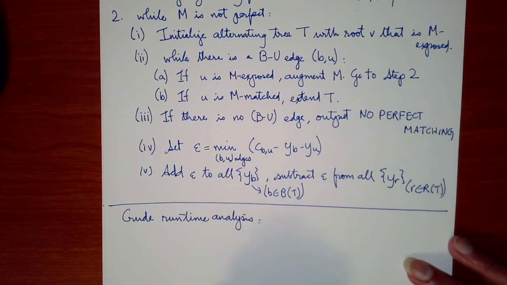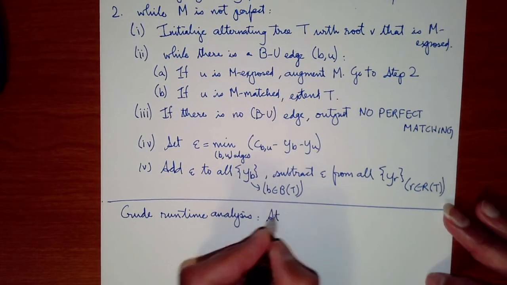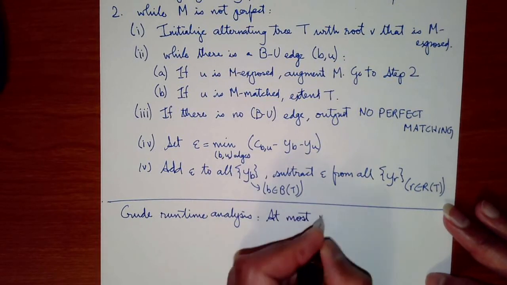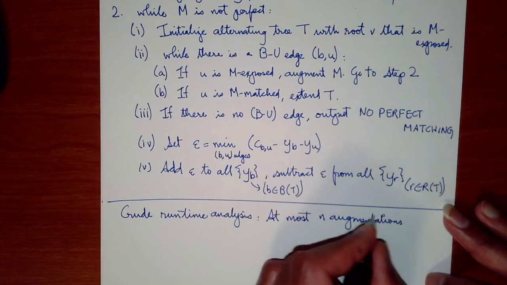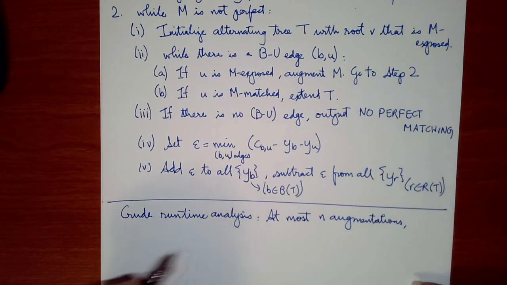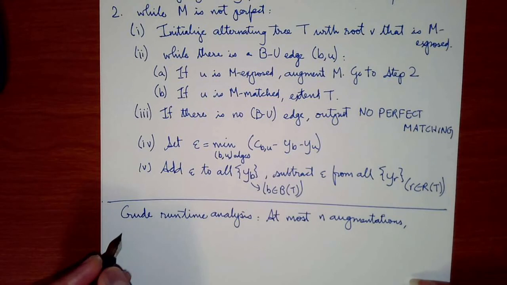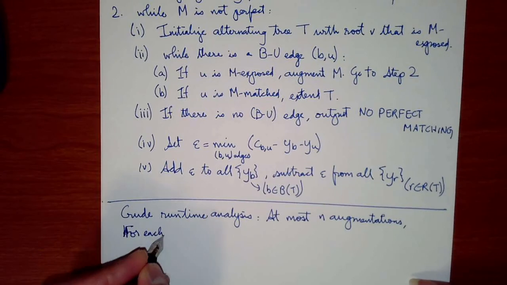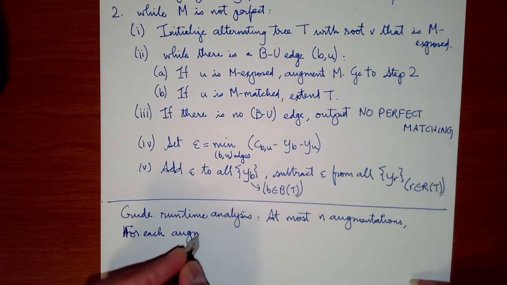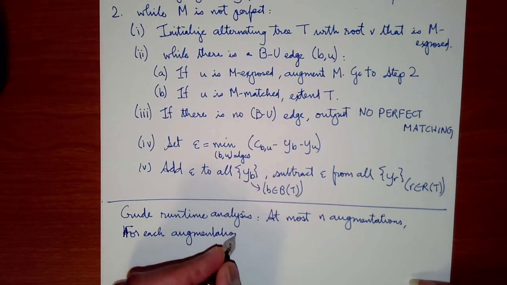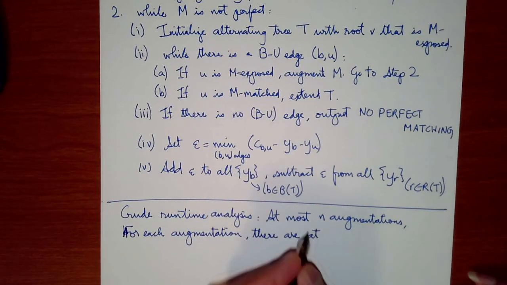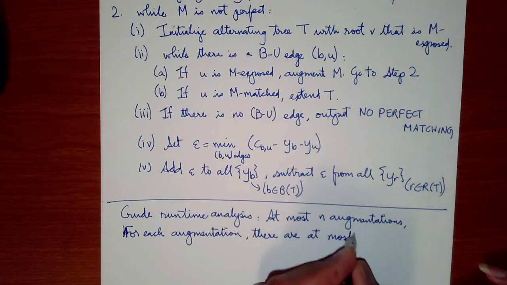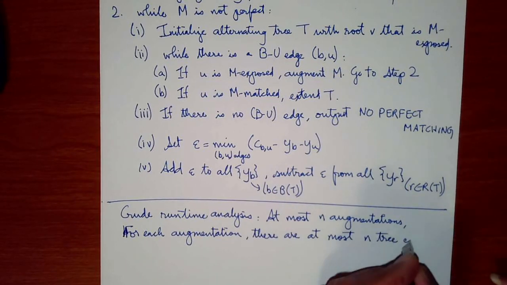So a crude runtime analysis is there are at most N augmentations. For each augmentation, there are at most N tree extensions.